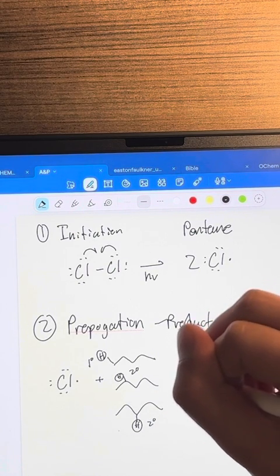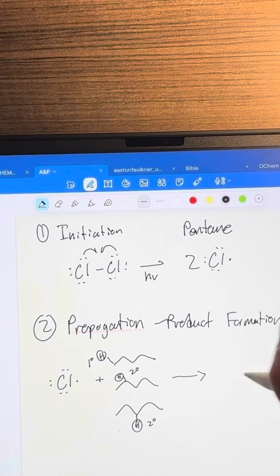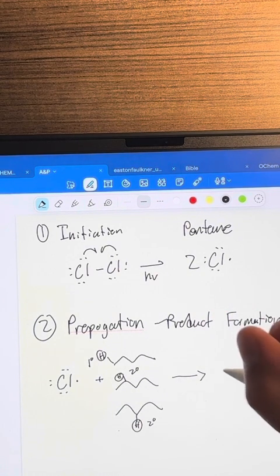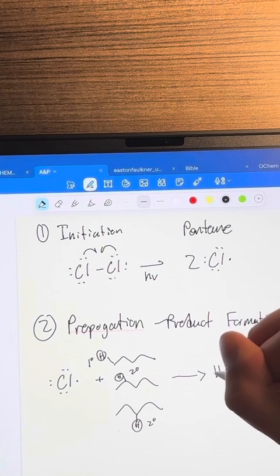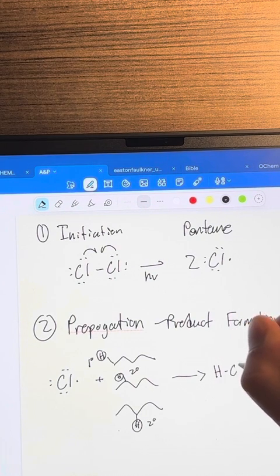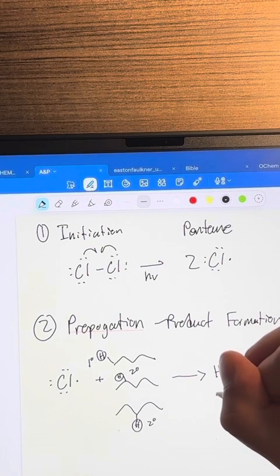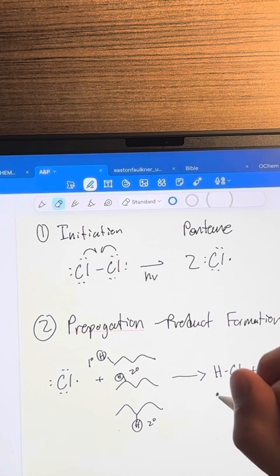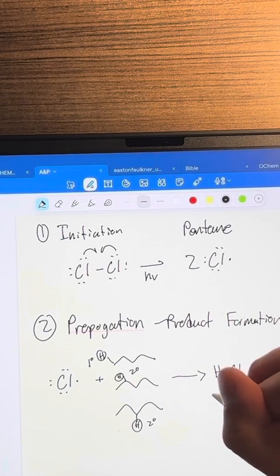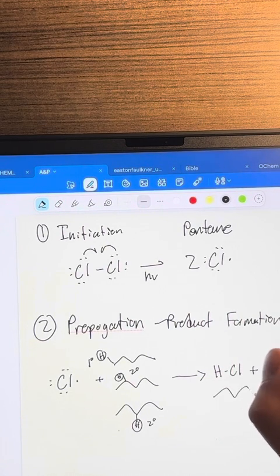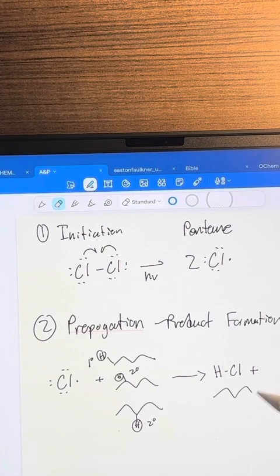We're going to create HCl, and also we're going to create a new radical. There should be 3 different types of them.